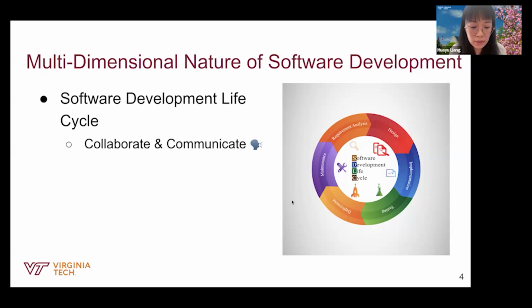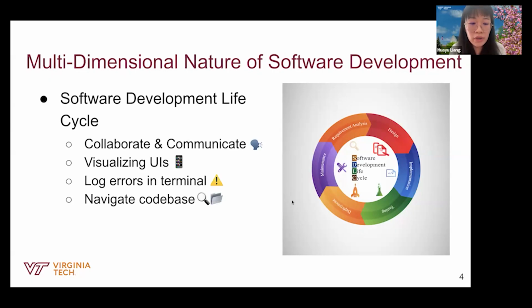Throughout these phases, developers might need to collaborate and communicate with their teams, visualize user interfaces, debug issues by logging errors in the terminal, or navigate through a complex code base, where generative AI might play a critical role through its multimodal functionalities.